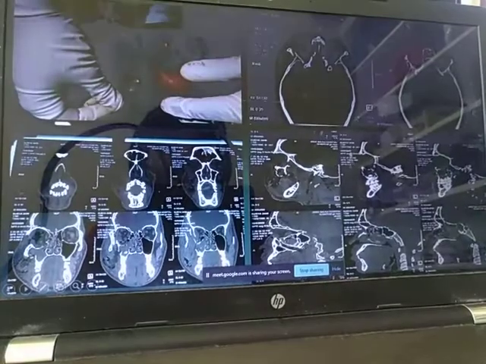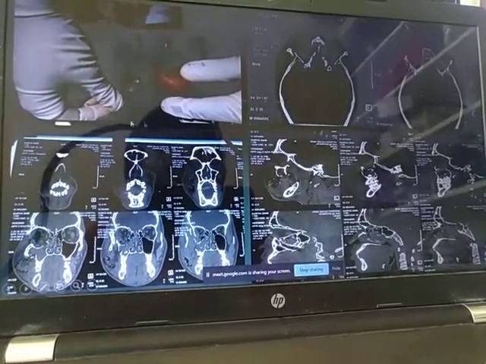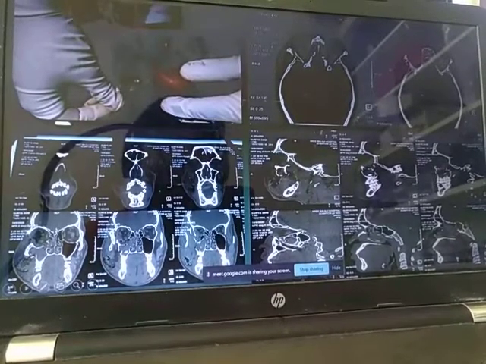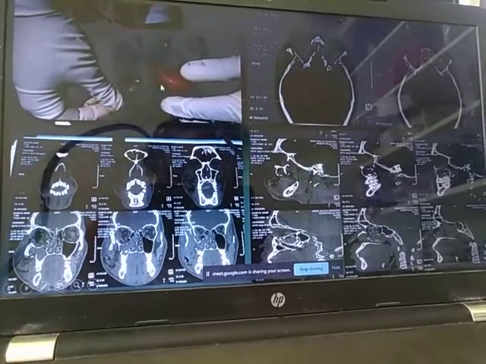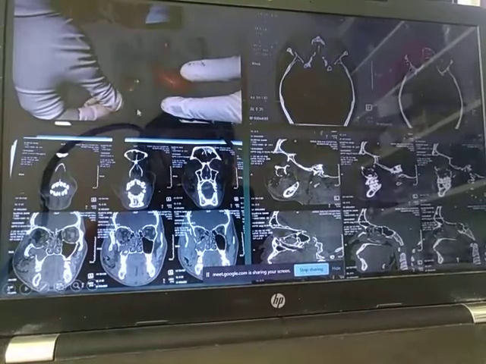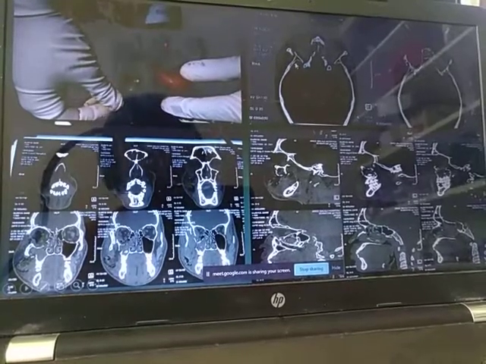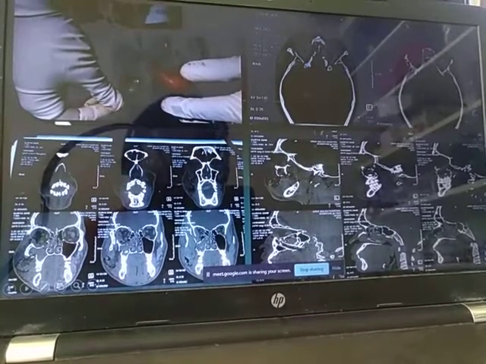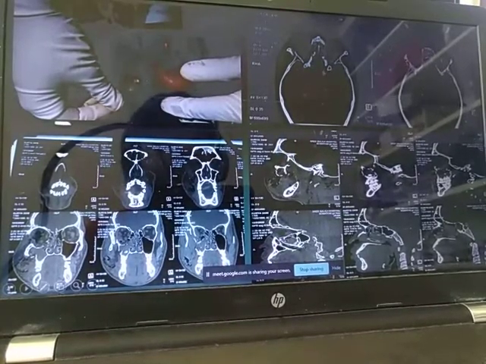This is also another patient that we had received. The patient had suffered a severe trauma with orbital floor fracture, in fact orbital rim fracture, the frontozygomatic fracture, zygomatic buttress and arch fracture, and also there was fracture of the ethmoidal plate as well, which seemed like it was impinging on the optic nerve.